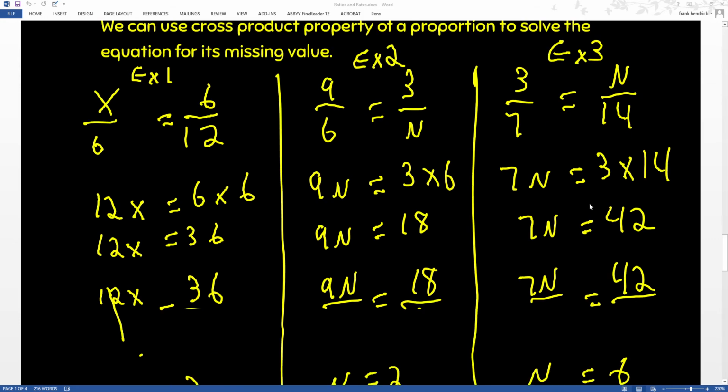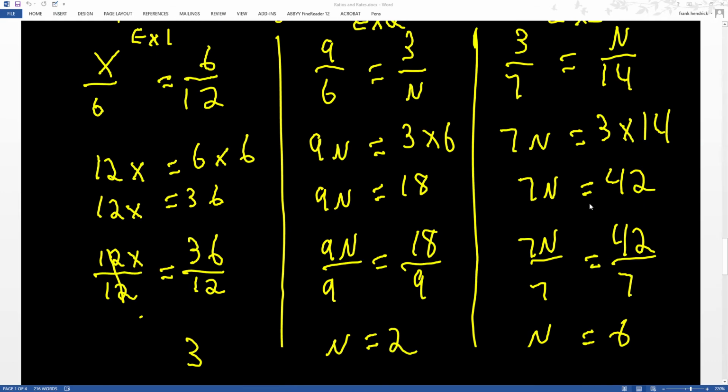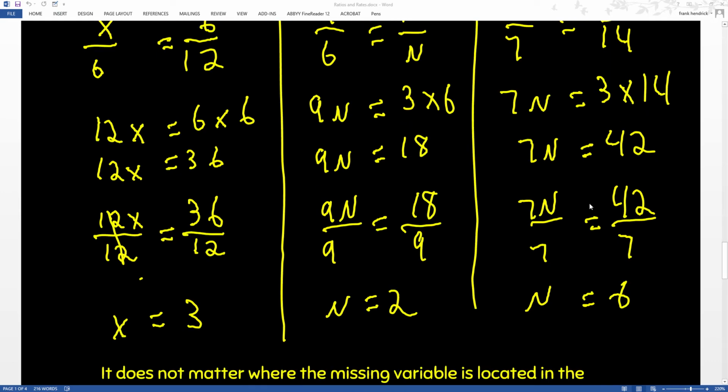In the first example, I have 12x is equal to 6 times 6. Those are your cross products. x is being multiplied by 12. The opposite of multiplying by 12 is dividing both sides by 12. And 36 divided by 12 is 3. 3/6 is the same thing as 6 over 12.